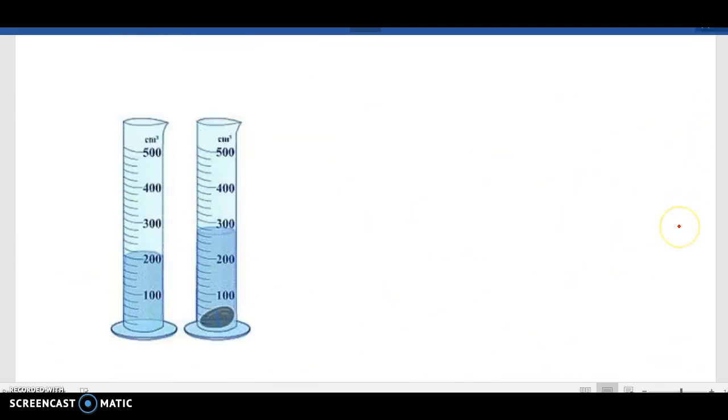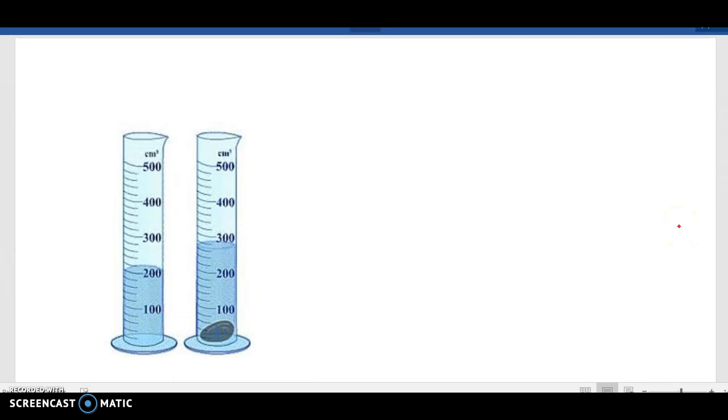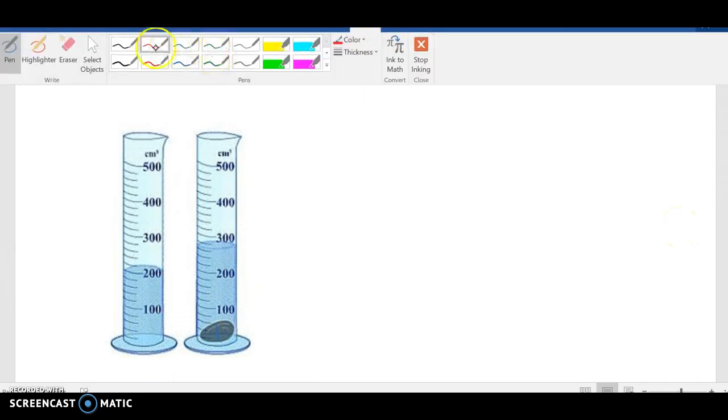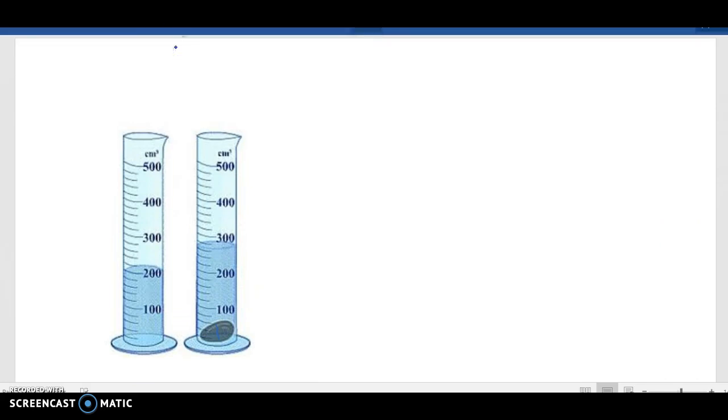All right, I have another example right up here. Let me change colors, and we'll set this up to see if you can do it. So we first put water in a graduated cylinder. I'll call that reading 1. Then we slide the object into the cylinder. I'll call that reading 2.